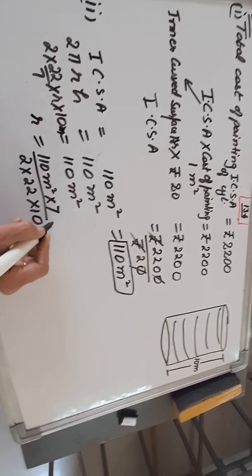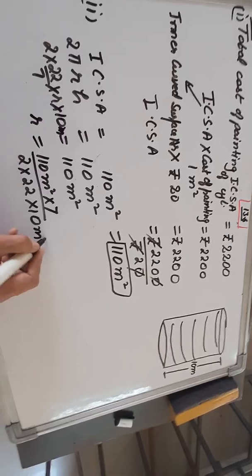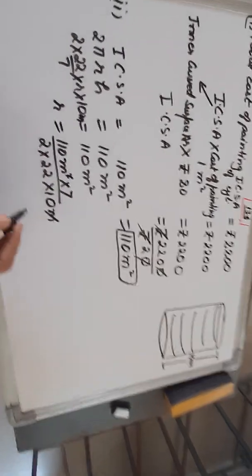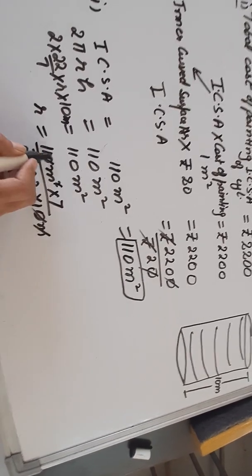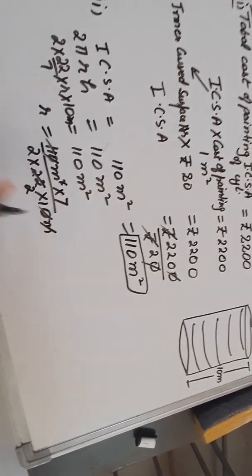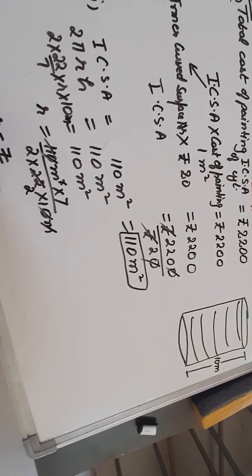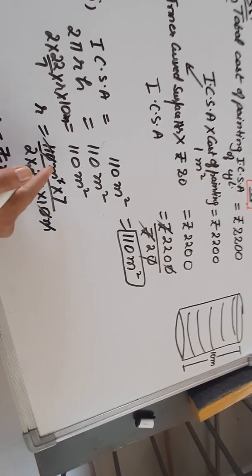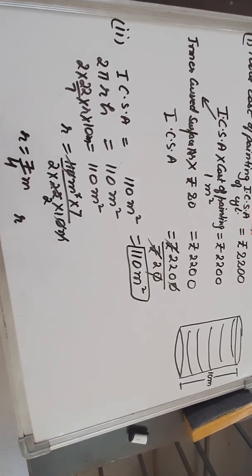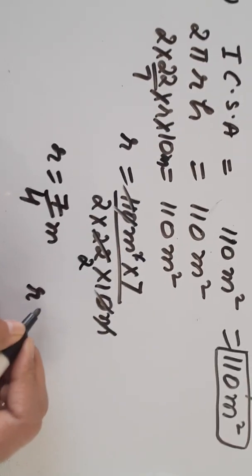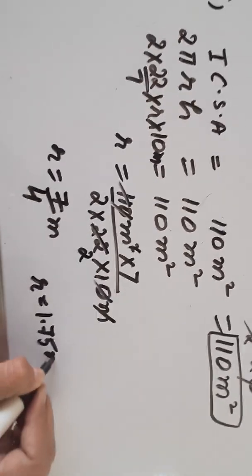So what do we get from here? A meter will cancel out with a meter, and 0 will cancel out with this. 11 can cancel out this. So what is the radius? Radius will be 7/4 meter. Only meter is left. That means we can say radius will be 1.75 meter.